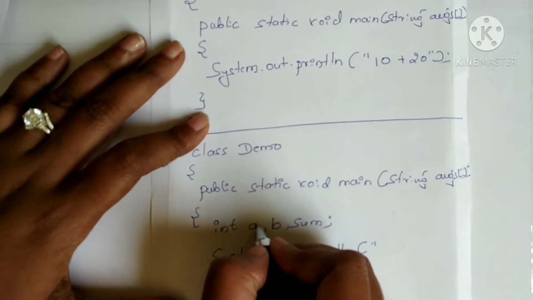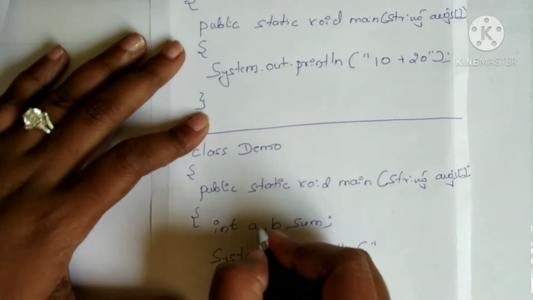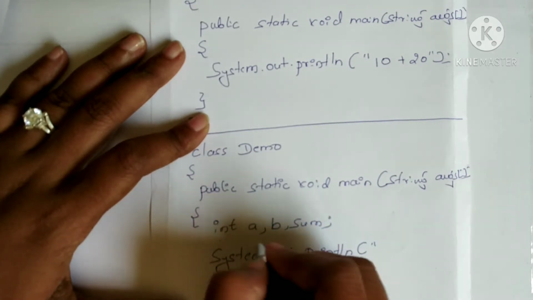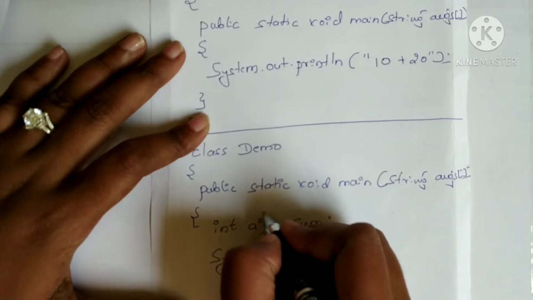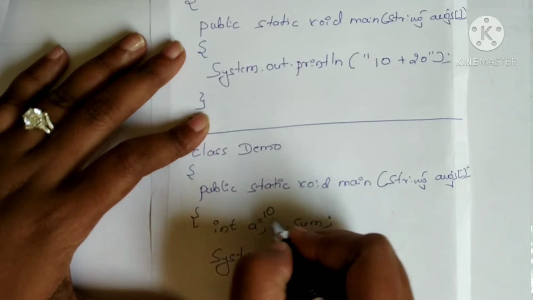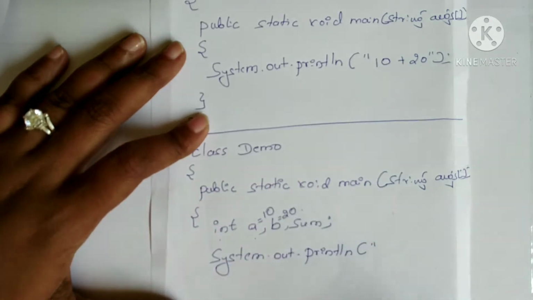Here itself, in initialization, we can also initialize a value: a equal to 10, b equal to 20.